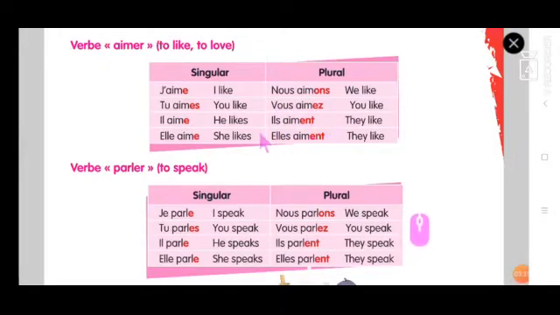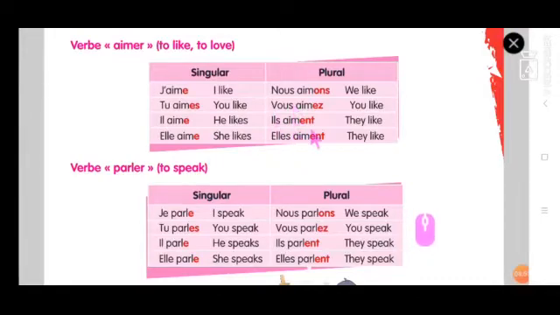Now the pronunciation part. We are done with the endings E, ES, E, ONS, EZ, ENT. While we pronounce j'aime, tu aimes, il aime, elle aime, ils aiment, elles aiment, these six all come under one single pronunciation, that is aim.